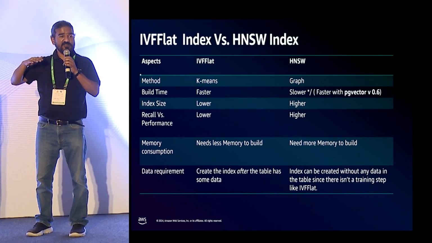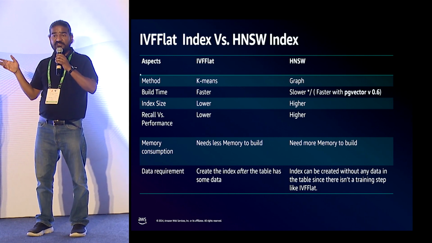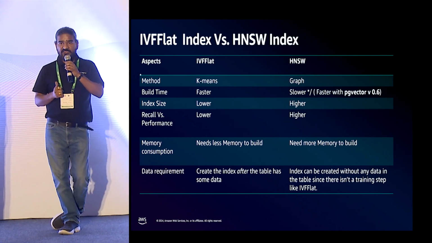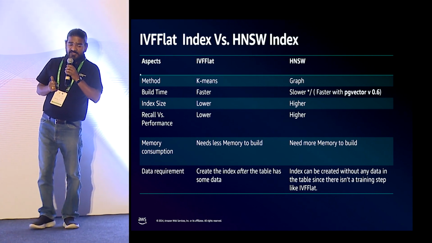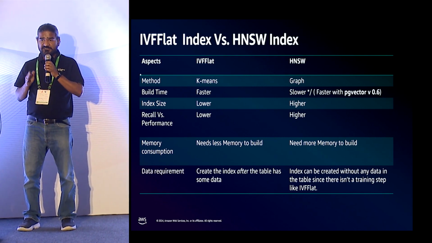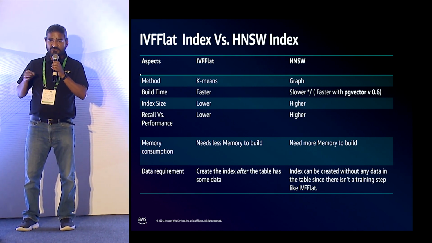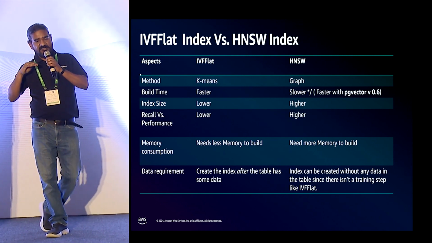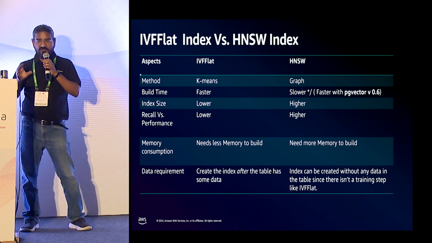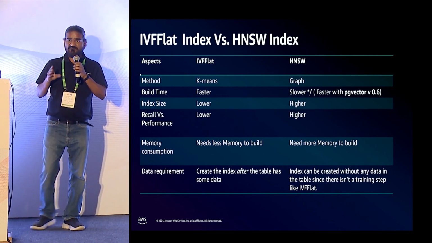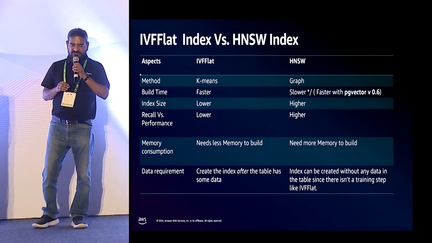The graph will take more time to create, but it's faster to retrieve as compared to IVF flat. And remember one thing, recall versus performance. HNSW is very efficient because it goes by the hierarchical structure and has a better recall percentage and performance. IVF flat, on the other side, might lag a little, but it's still okay.